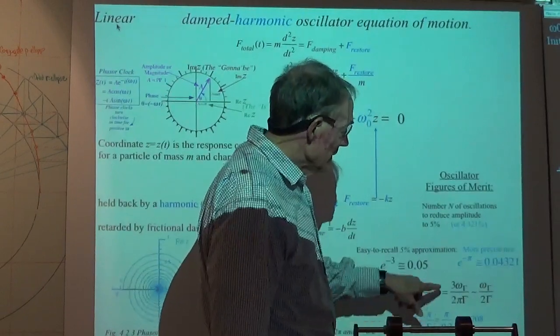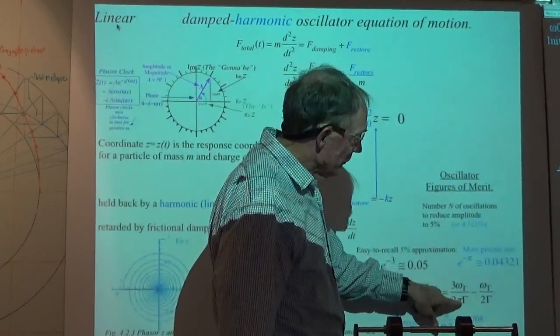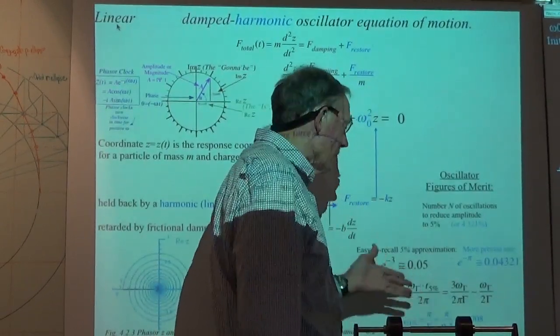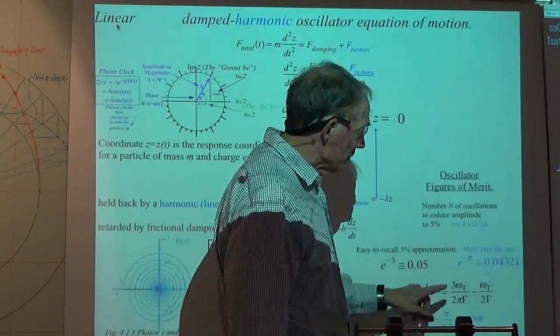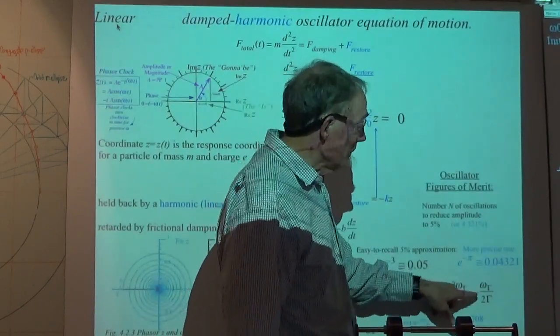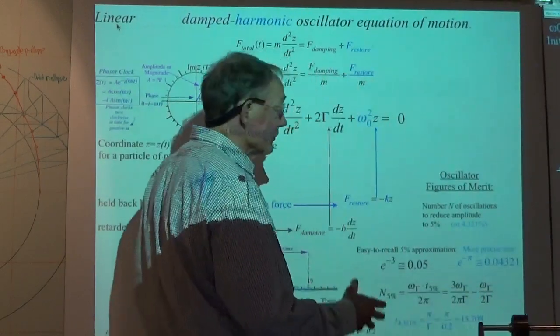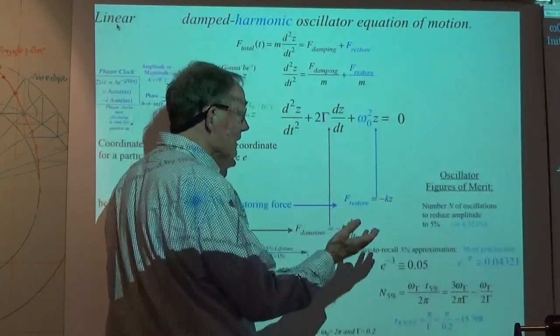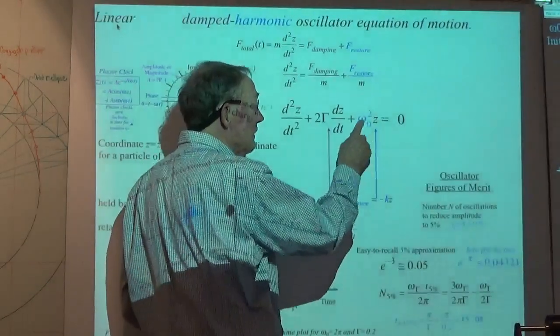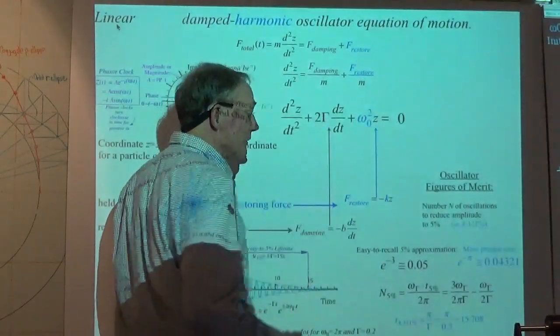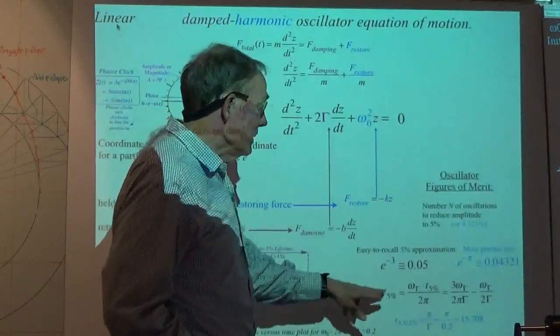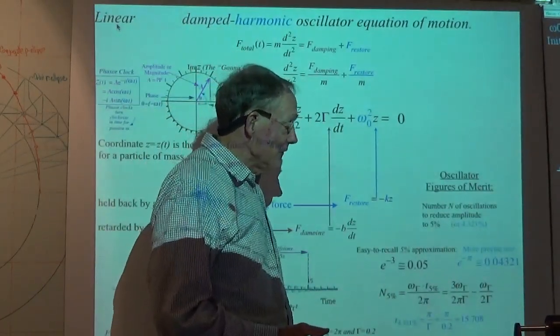Now, 3 can be canceled from pi, and this is why I would like to use this one, but I don't want to carry all those decimals, so I won't. I'll just say it's very close to omega gamma over 2 gamma. In other words, it's the frequency, omega gamma, that we get when we correct this one, divided by this coefficient. That is the number of oscillations that you're going to have.